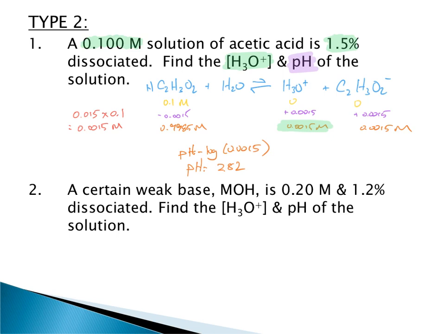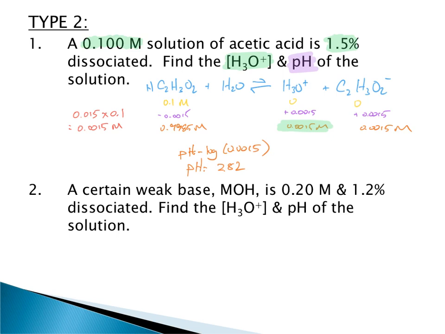And this time we're dealing with a weak base, so we're just going to call it MOH, just some random weak base. It has a molarity of 0.2 molar, and it's 1.2% dissociated, so it asks us to find the hydronium ion concentration and the pH of the solution.